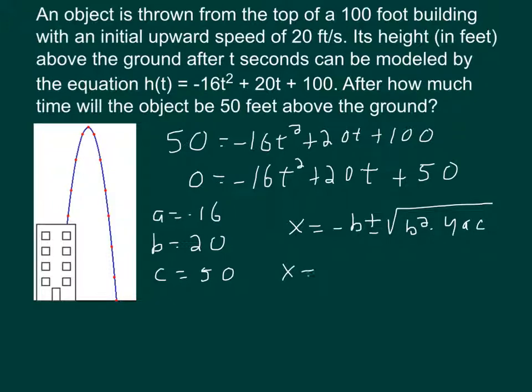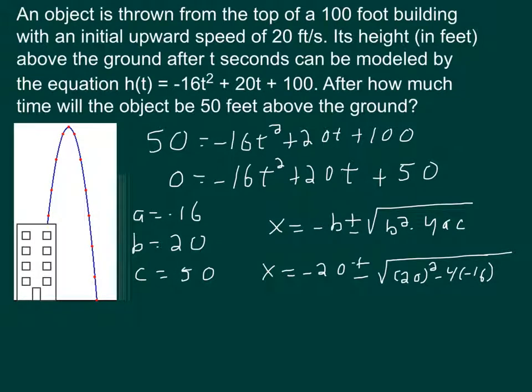So when I go to plug this in here, my negative b is negative 20 plus or minus the square root of b squared, which is 20 squared, minus 4, a is negative 16, and c is 50. Little tight here. I'm going to scroll over just a little bit so I can fit that in.